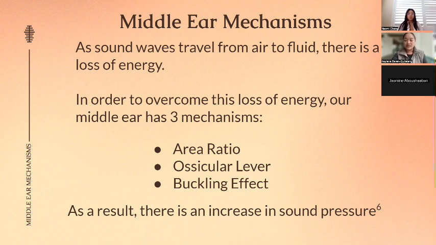As a result of the three mechanisms working together, the sound pressure increases. As the stapes footplate pushes on the oval window, the vibrations are then sent into the fluid of the cochlea, setting up the next stage, the inner ear.